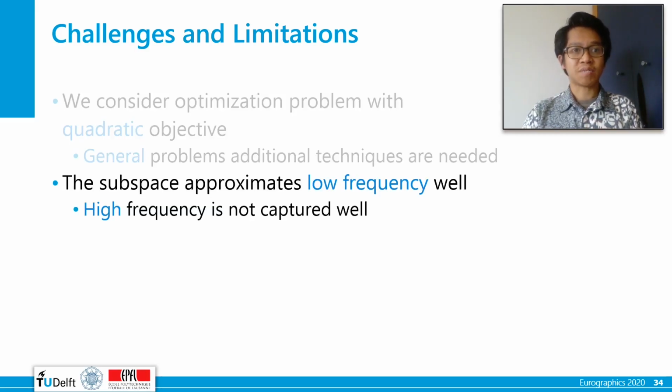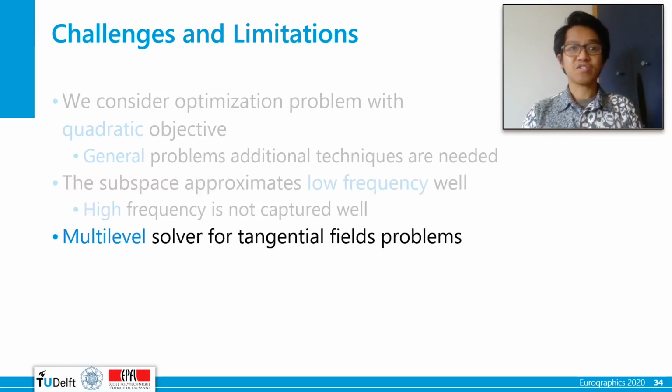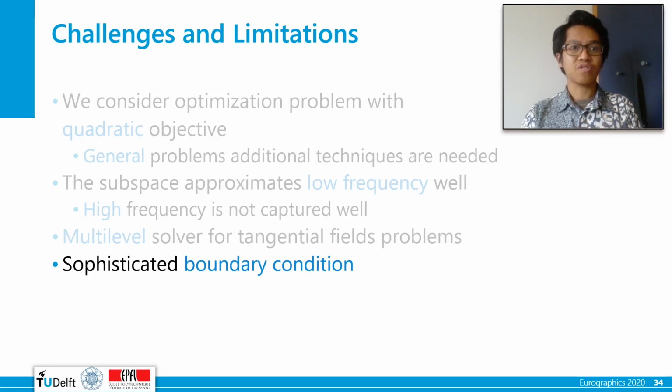The subspace approximations can approximate the low and mid frequencies very well, but the high frequencies are not captured. Another potential direction is to construct a multi-level solver for tangential field problems. Our approach can also be extended to include sophisticated boundary conditions for the eigenvalue problems that we use for field constructions.